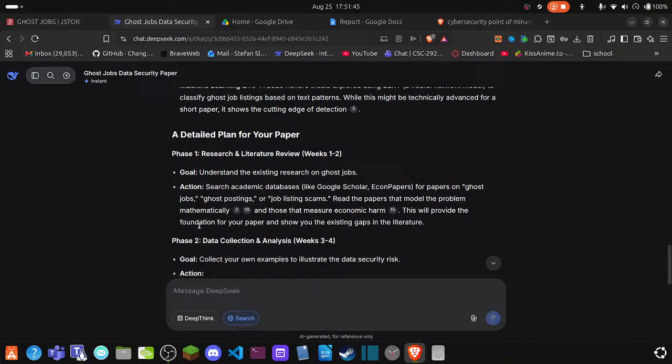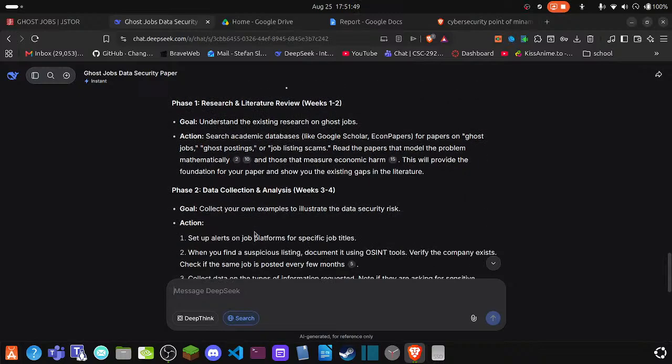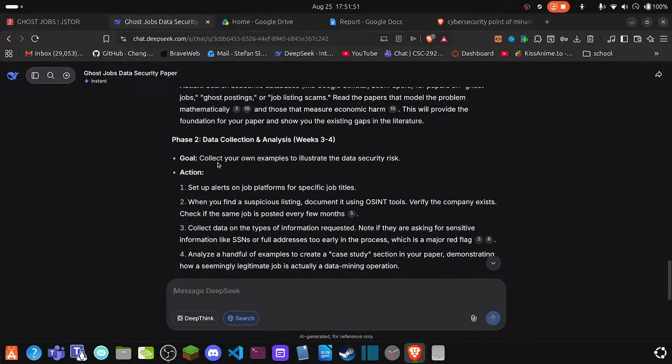This will provide the foundation of your paper. Collect your own examples and security risks: set up alerts on job platforms for specific job titles. When you find a suspicious listing, document it.